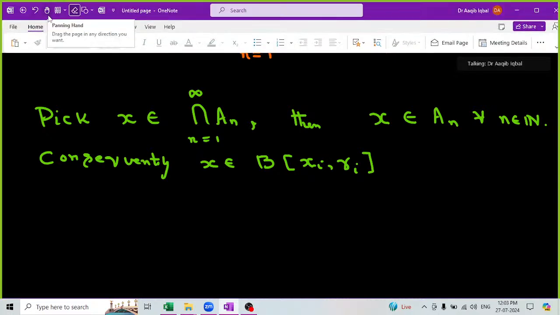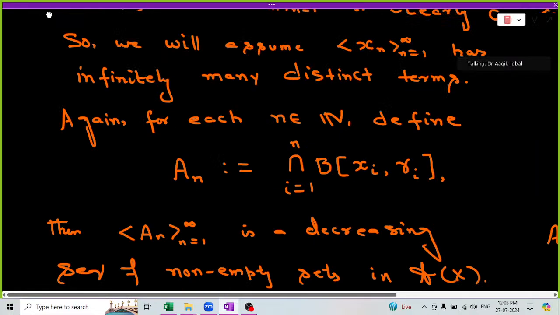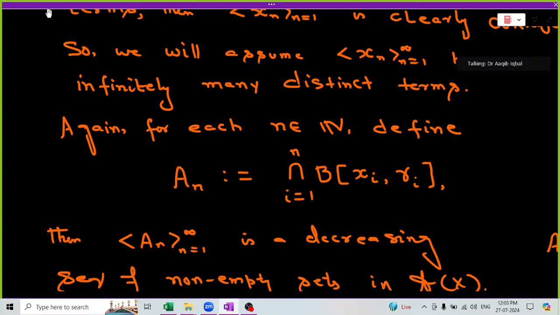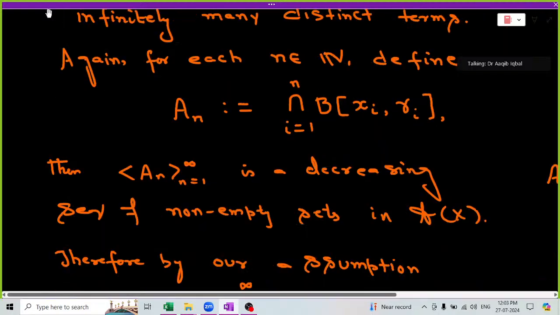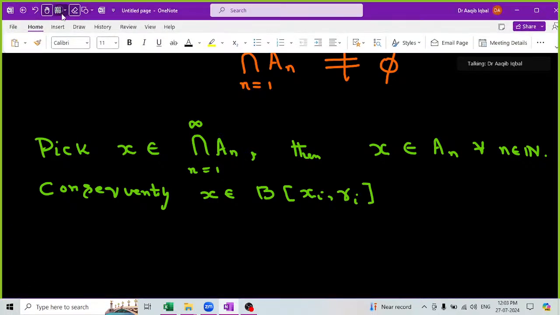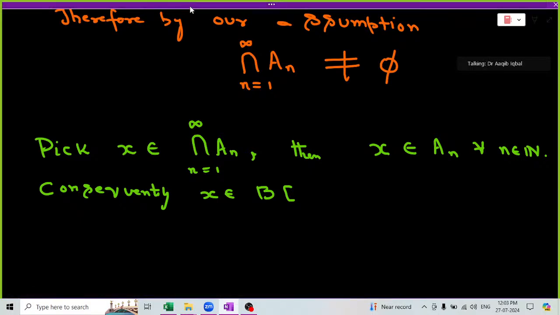Can you see how? It can also be seen this way, although the previous is also correct. x is in An, the intersection of these balls, and the last of these balls, the nth ball, is B(Xn, Rn). So x belongs to B(Xn, Rn), and since x belongs to An for all n, x belongs to B(Xn, Rn) for all n. I'll write it with Xn and Rn because we are more comfortable with that.